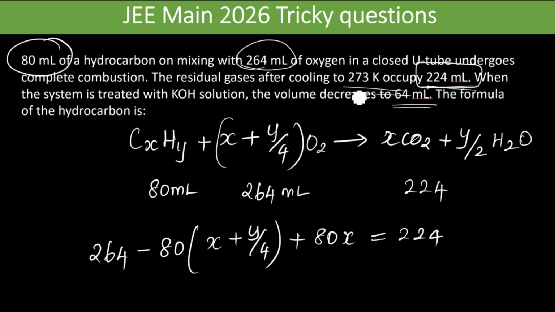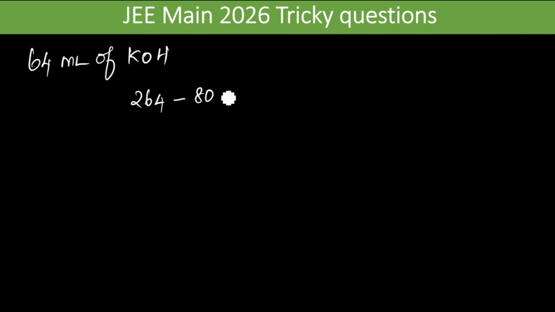When the system is treated with KOH, the volume decreases to 64 ml. So 264 minus 80 (x plus y by 4) is equal to 64 ml, because KOH will react with CO2 and the remaining is the unreacted oxygen.